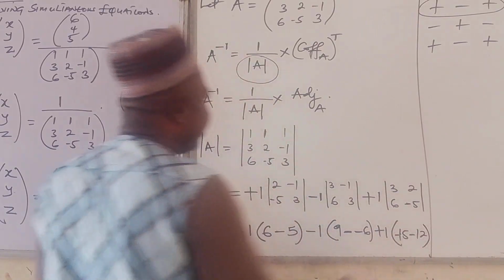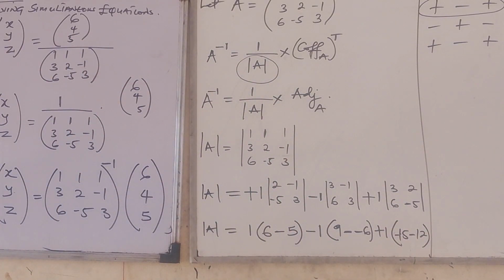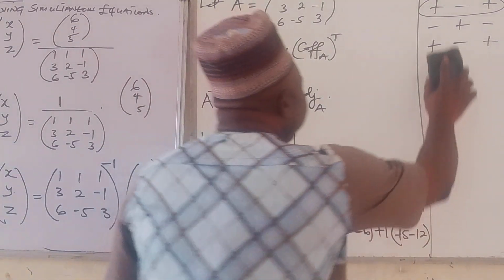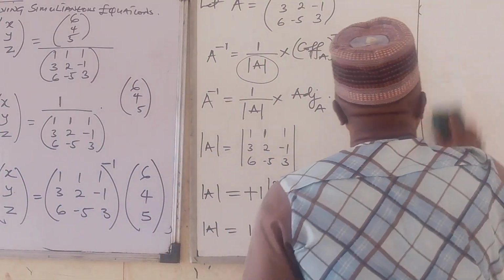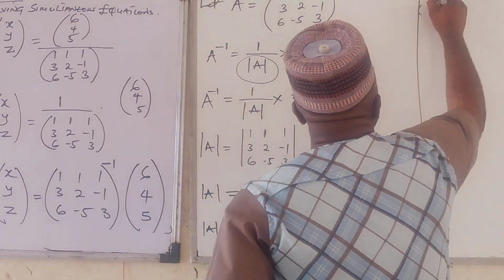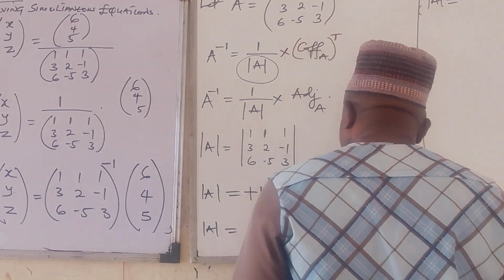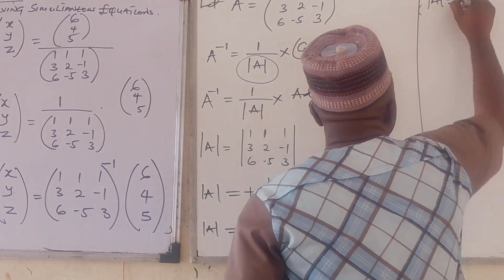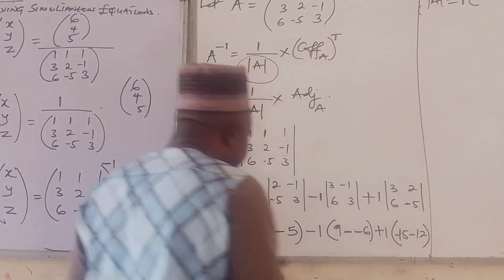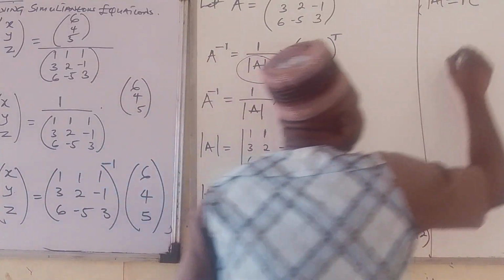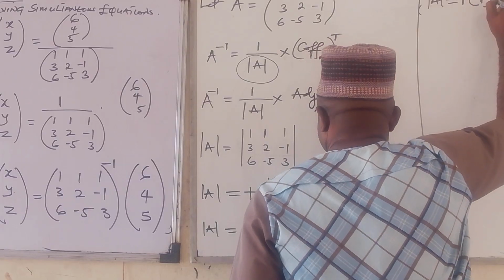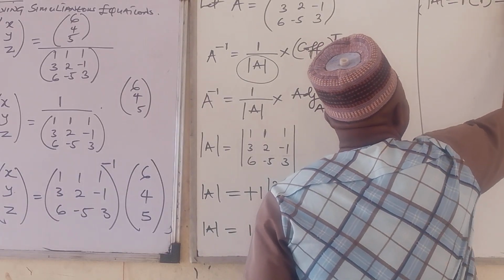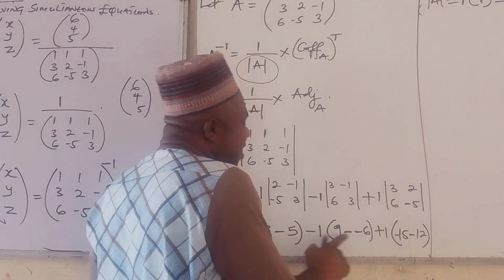So the determinant of A will be equal to 1 in brackets. 6 minus 5 is 1. So here we have 1. Minus 1 in brackets. 9 minus minus.